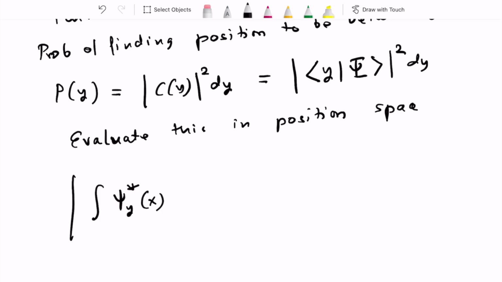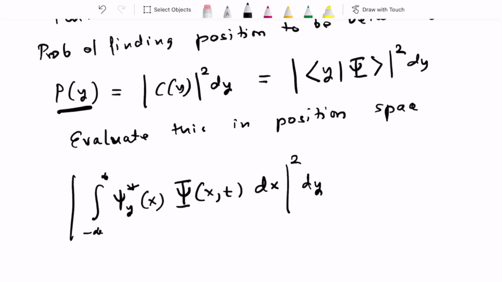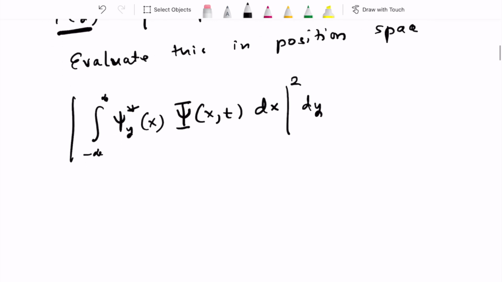The position space representation of the state capital psi is just the position space wave function. And so the scalar product would just be this quantity integrated over x from minus infinity to plus infinity, and then we square that, times dy. That should give us the probability of finding the particle between y and y plus dy. So let's evaluate this integral.